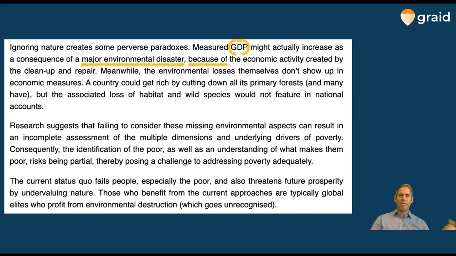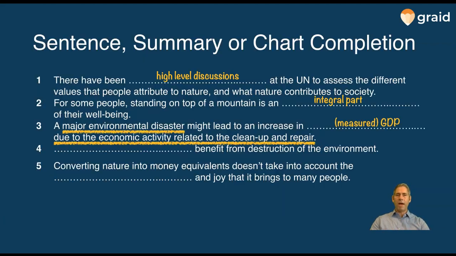Because of is the same meaning as due to, but when I start reading the sentence, measured GDP might actually increase as a consequence of a major environmental disaster. I automatically think that the answer is GDP, so I'm not going to read on. I go back and I fill in the blank with GDP, or I could also use the expression measured GDP.